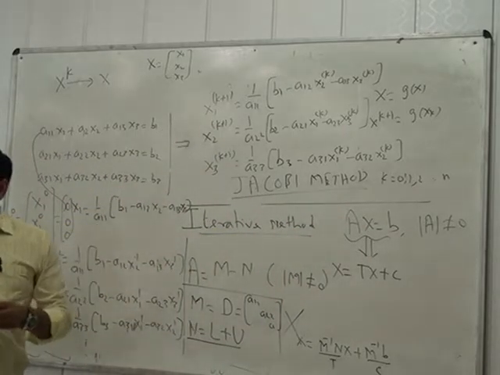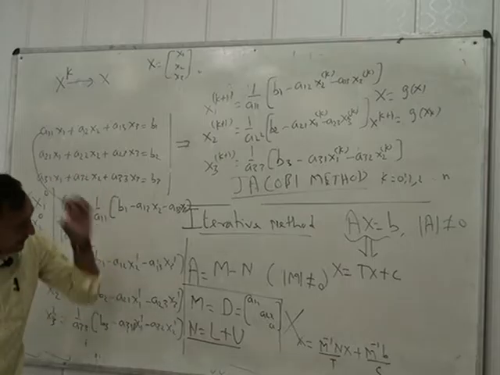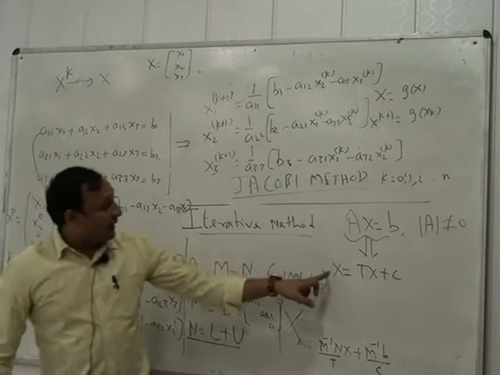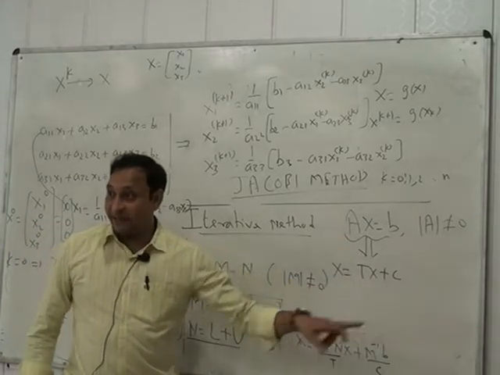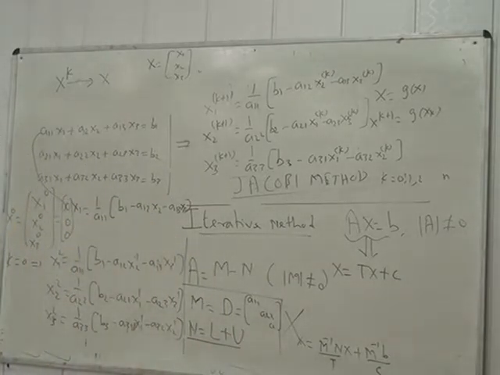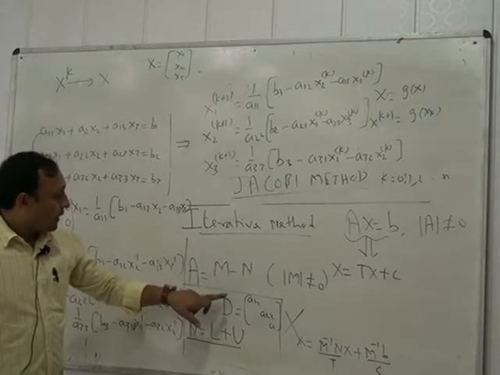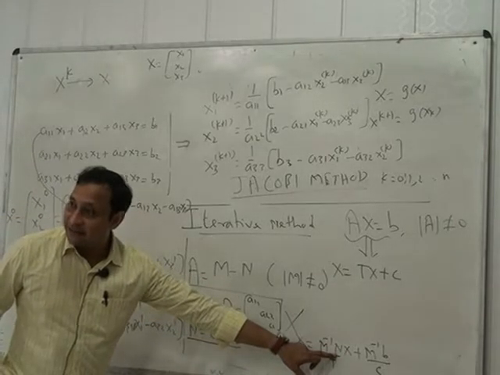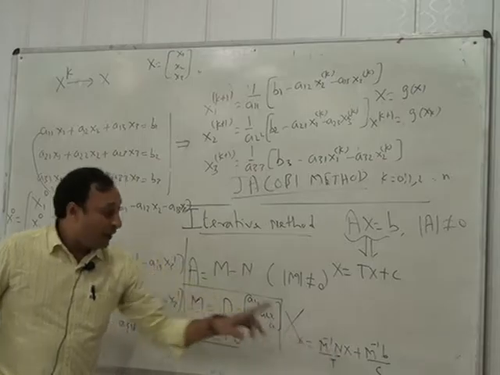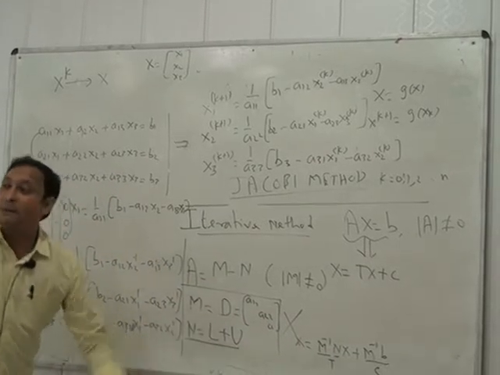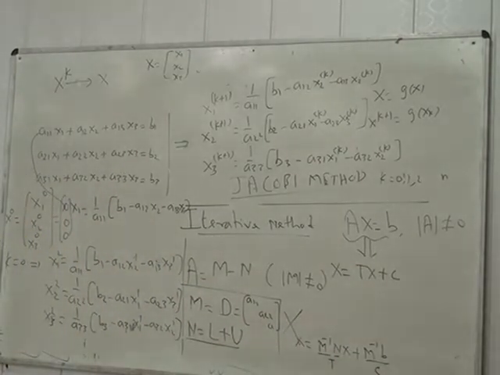This is the method, but the underlying principle is that in the Jacobi method you have to write Ax equal to Tx plus c. In every case this T will change. So for the Jacobi method, my T is M inverse N, where M is D and N is L plus U. This is just some theoretical things.